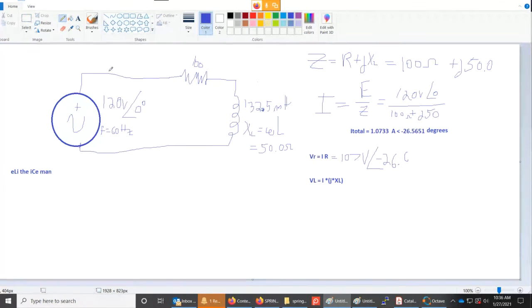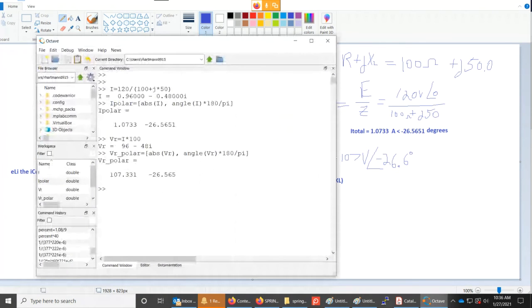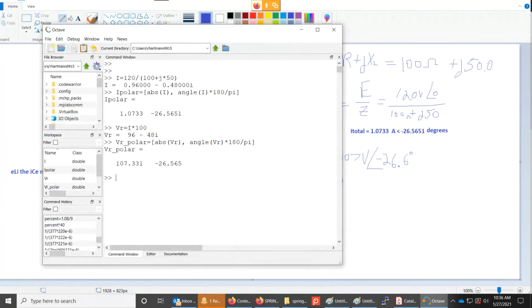If I'm going to put it on a blackboard, I only need to do 3 decimal places. So that is my polar form of my voltage across my resistor.